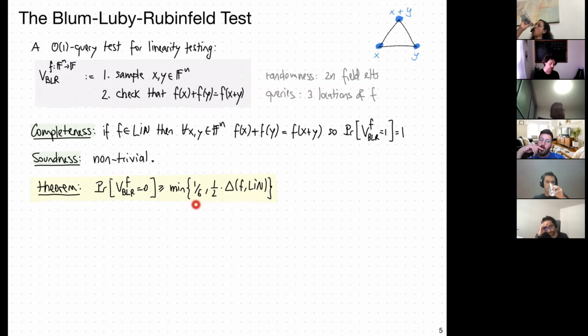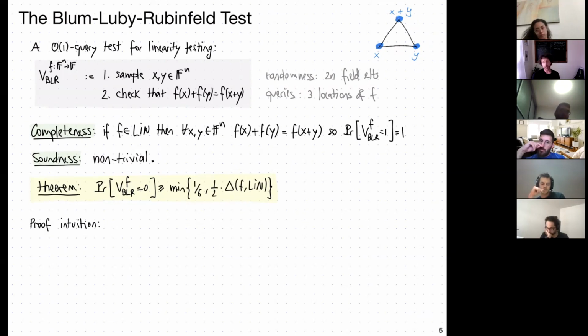And we also have this annoying constant of 6, which says that there is some cap. If the function is really, really far, we still won't do better than reject with probability 1/6. So that's the setting of the theorem that we are about to prove.